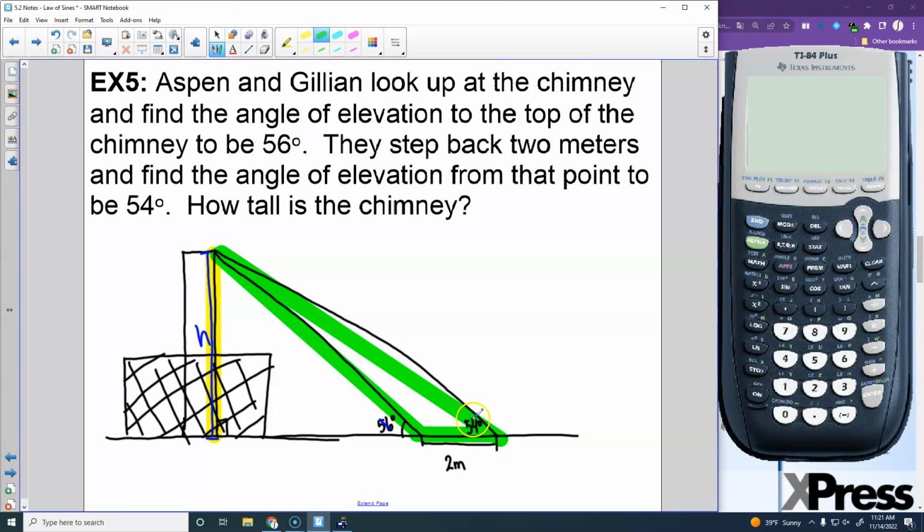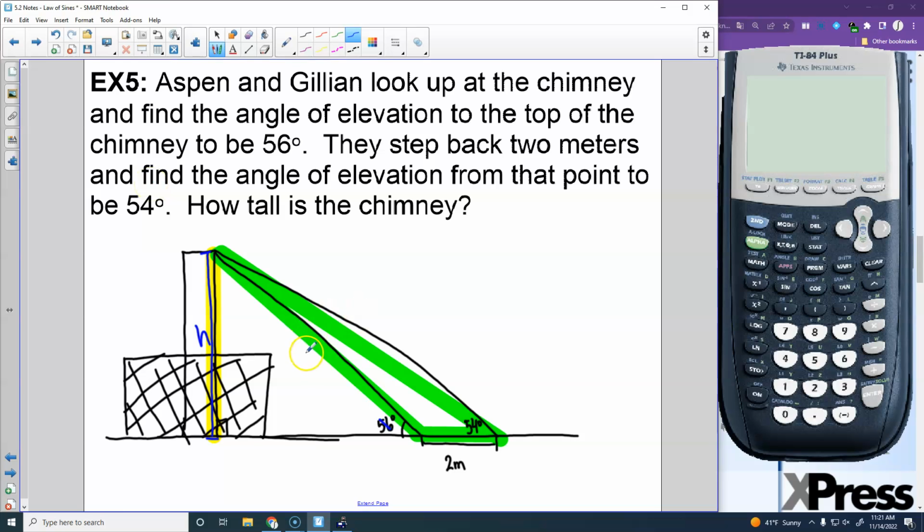I know an angle right here. I know a side, and there's going to be a way for us to find the other angles, right? So I can find any of the sides of this triangle that I want to find. So if I find either this side or this side, then I could use that with the actual right triangle.